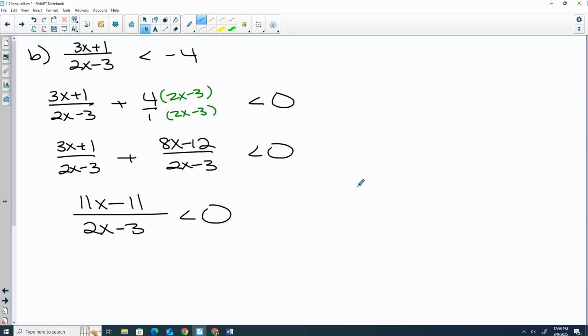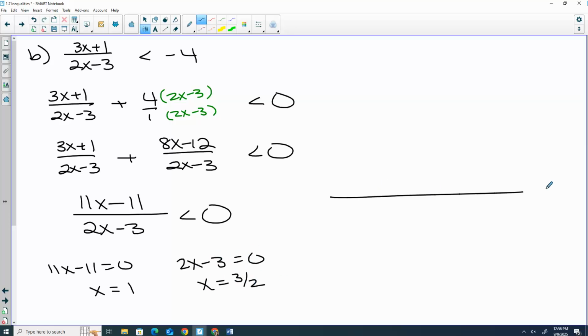What do I do next? So we get 1 and 3 halves. So then we can do our sign line.